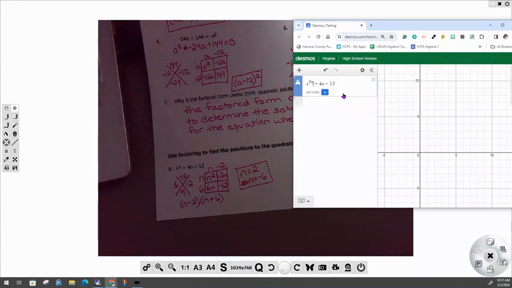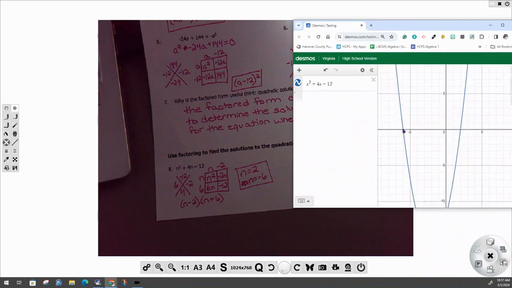Oh, I did n's instead of x's. Whoops, let's fix that. X, there we go. I have an x-intercept of negative 6 and an x-intercept of 2, which is exactly what I mathematically factored it out to be.